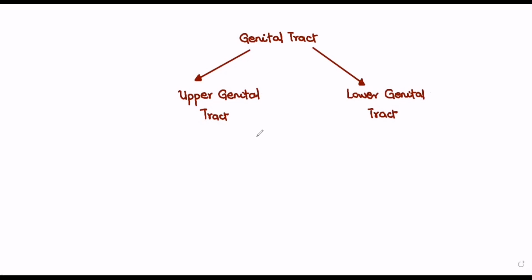Okay. So the female genital tract can be divided into an upper genital tract and a lower genital tract. And there can be infections in all these areas, right? So you can have infections of the female genital tract, the lower genital tract, and the upper genital tract.